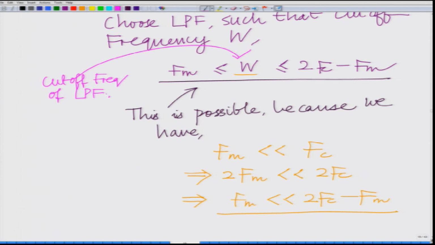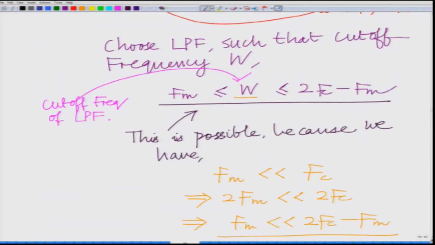So, that is the cutoff frequency of the LPF. One can choose the cutoff frequency of the LPF appropriately, such that it is much greater than Fm, much less than 2 Fc minus Fm. So, the LPF blocks the side bands at minus 2 Fc and 2 Fc.